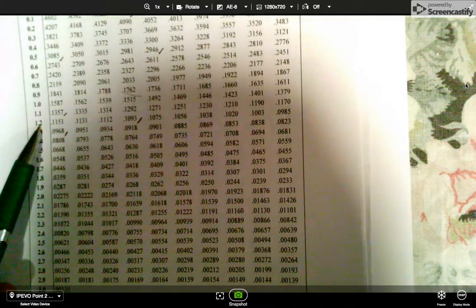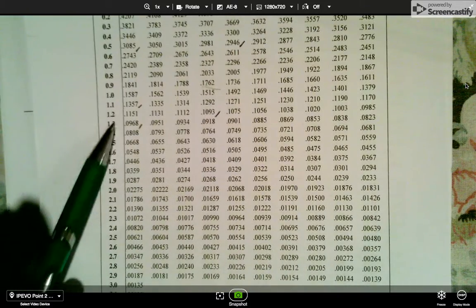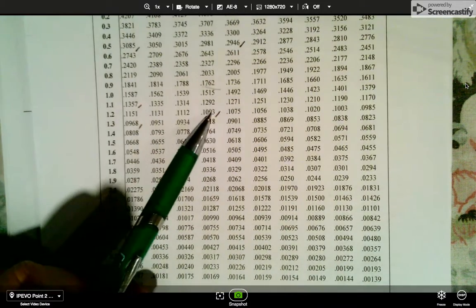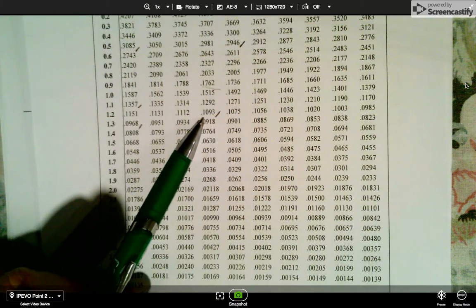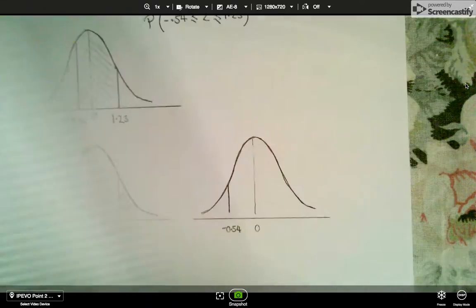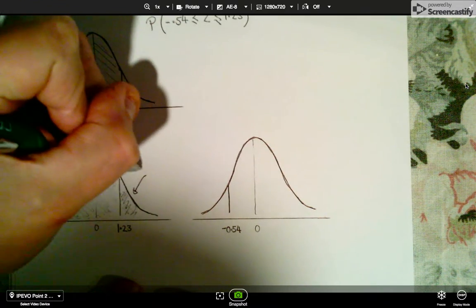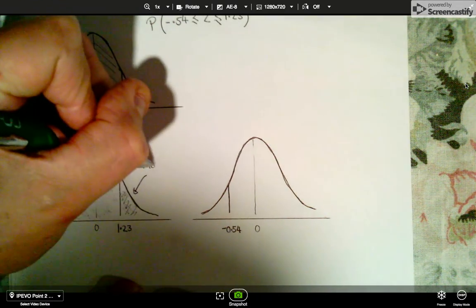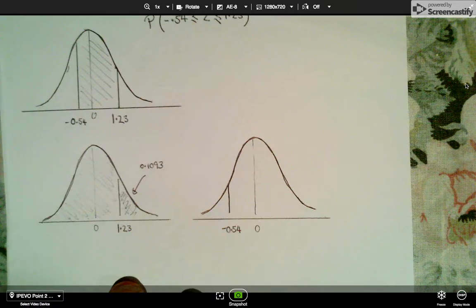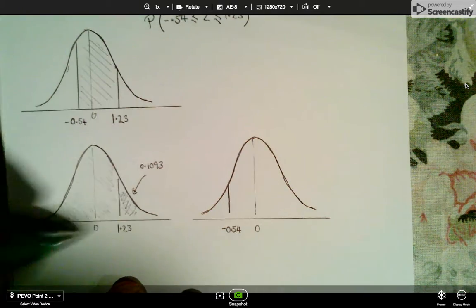1.23. So we look at 1.2 and we go across to 3. This is 1.23, 0.1093. So this area here is 0.1093. We don't want that area, we want the other side.